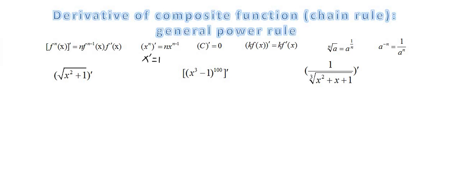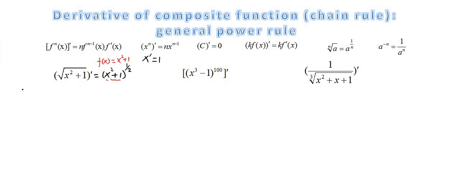So for this, we can write it down as x squared plus 1 to the power 1/2. Now we can apply the general power rule, because here f(x) is x squared plus 1.